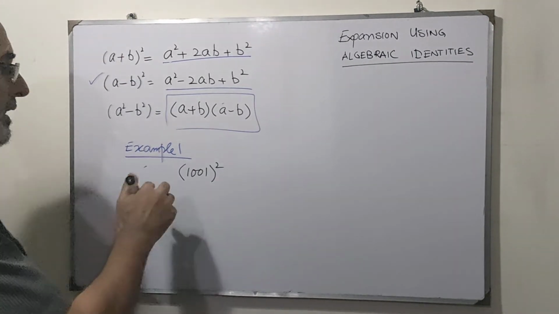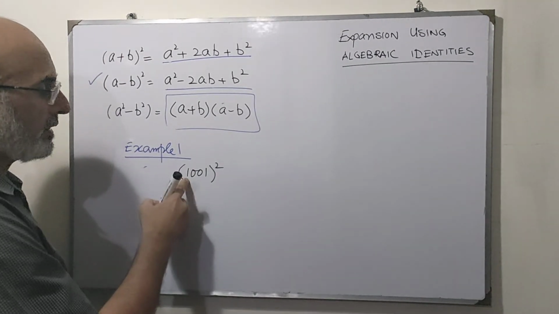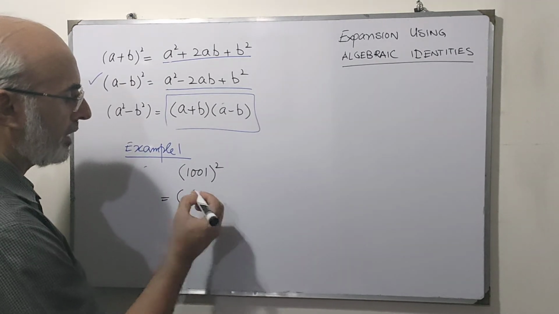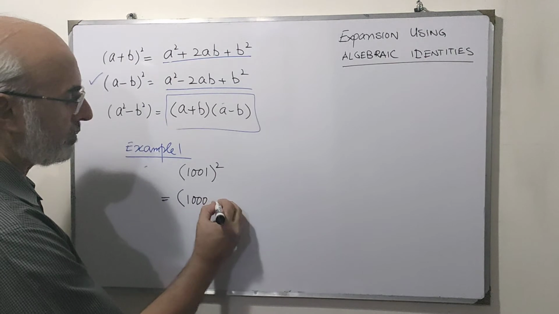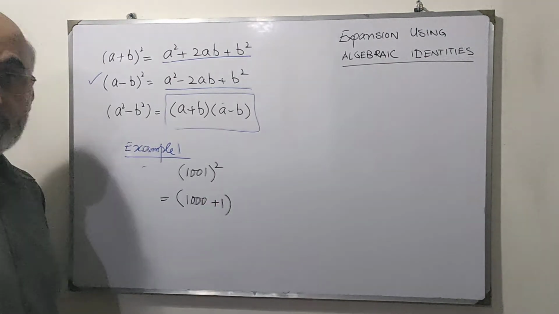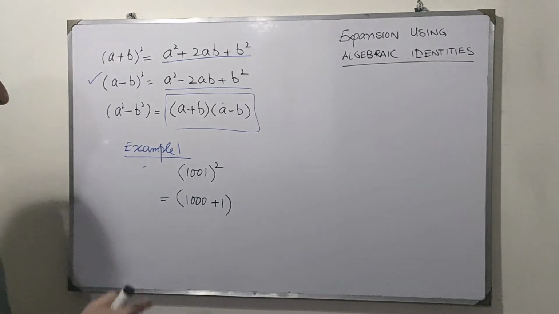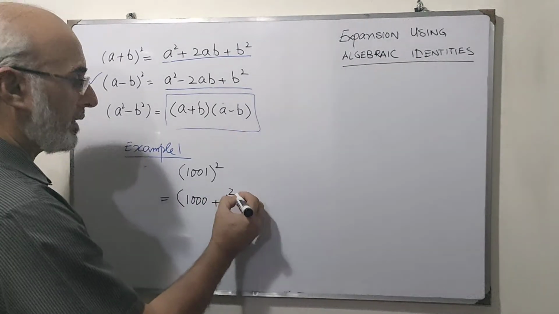Now suppose I say this number 1001 can be written as 1000 plus 1, right? And the square remains here.